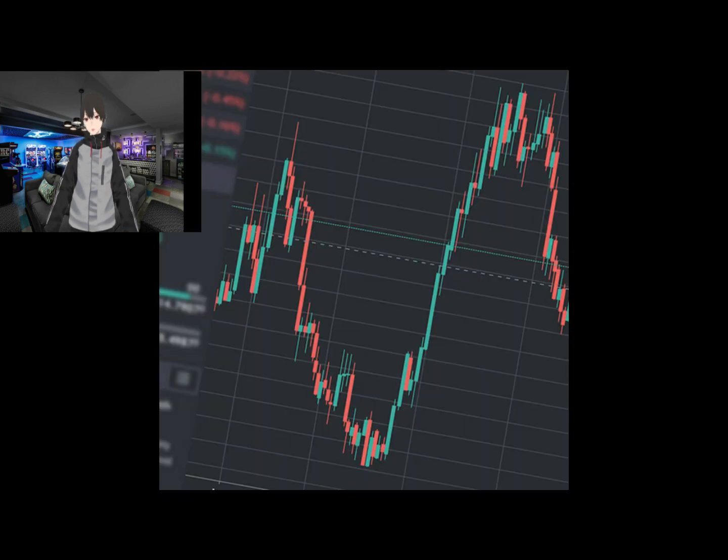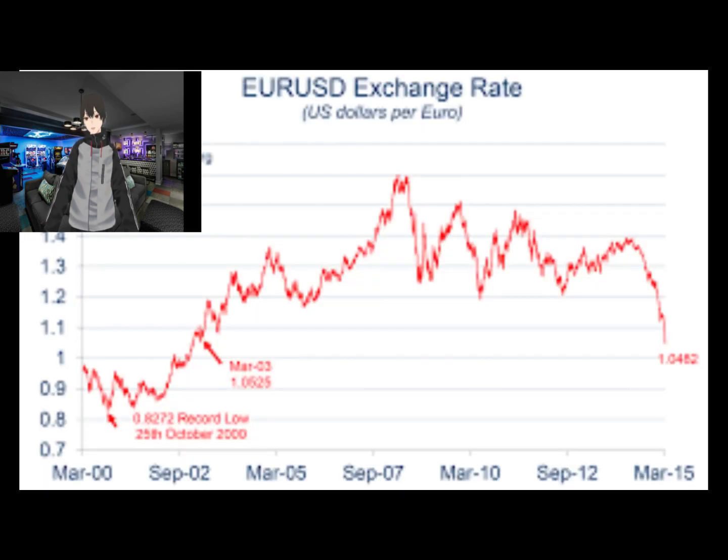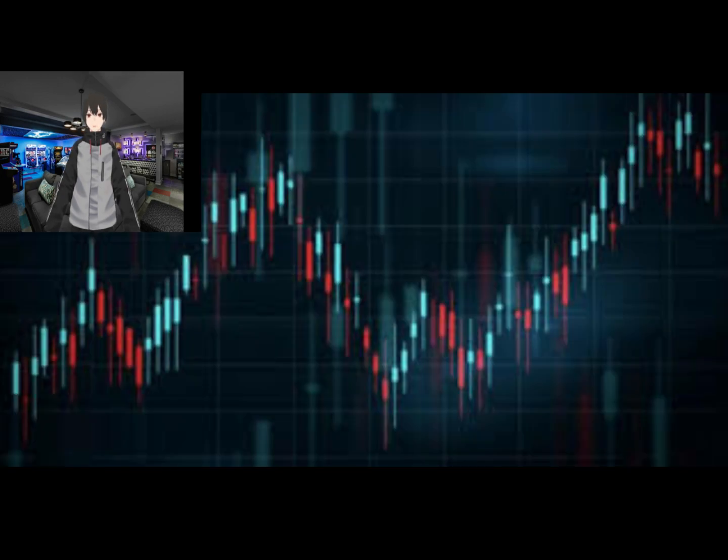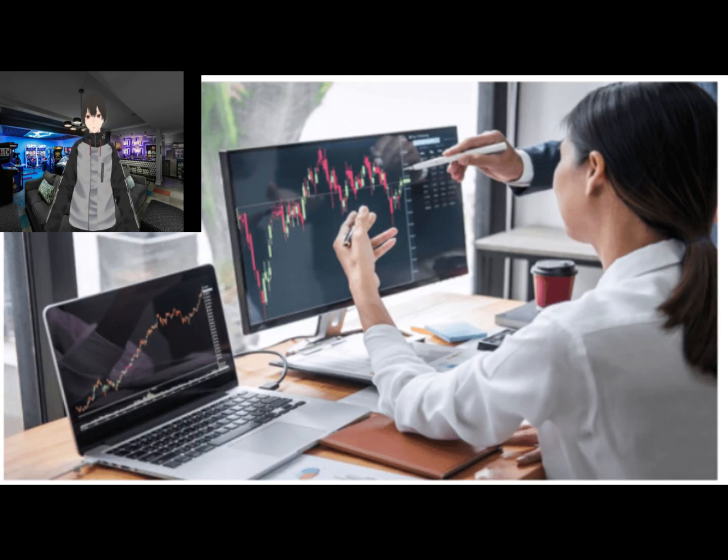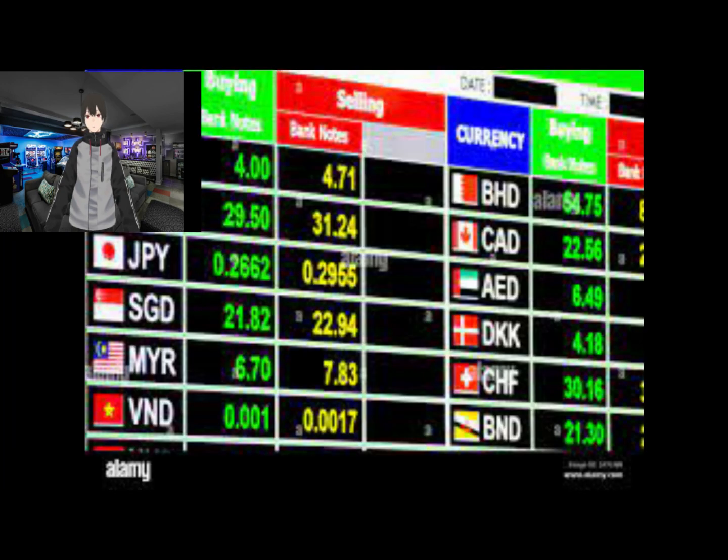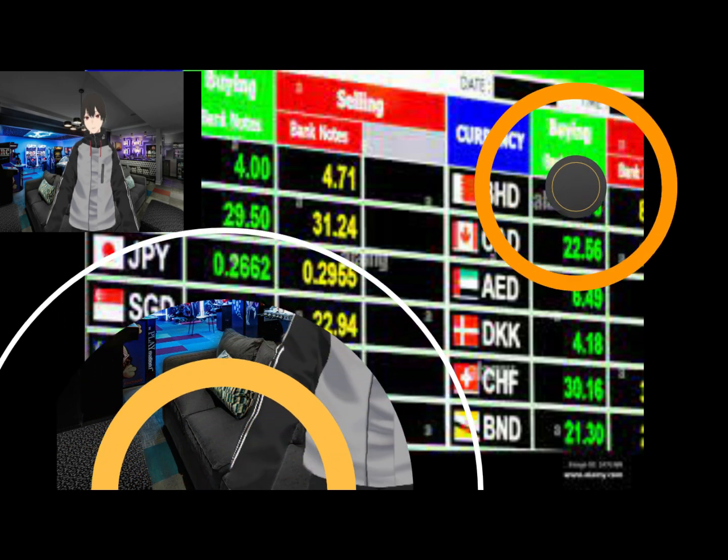There are different types of charts that traders can use, including line charts, bar charts, and candlestick charts. Forex trading is done through a trading platform which gives traders access to the market.